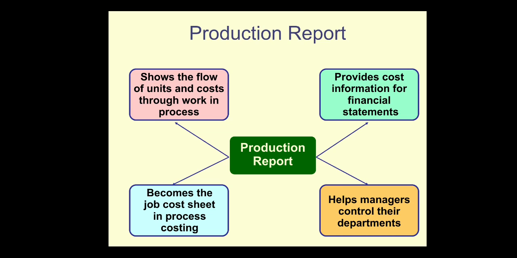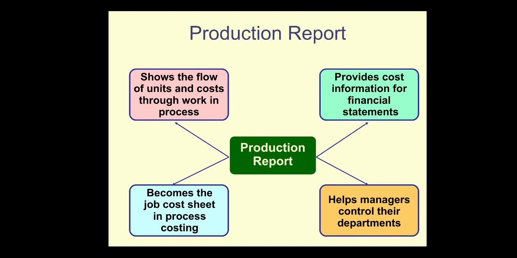So if the manager of the production department wants to control the department, wants to control the cost, particularly wants to control the production process, he or she can use the production report to see the numbers there, and he or she can do improvements or modification in the production process to make the things better, to make the department better.